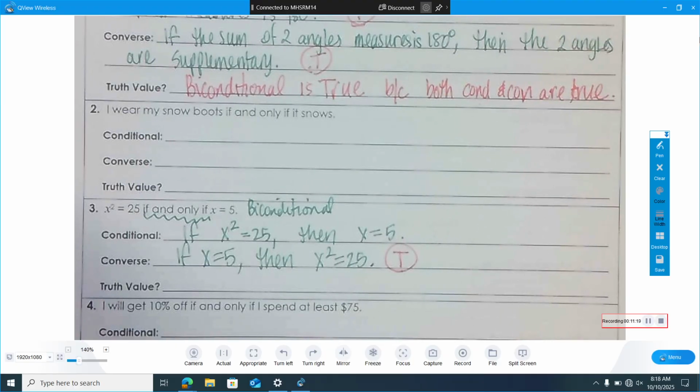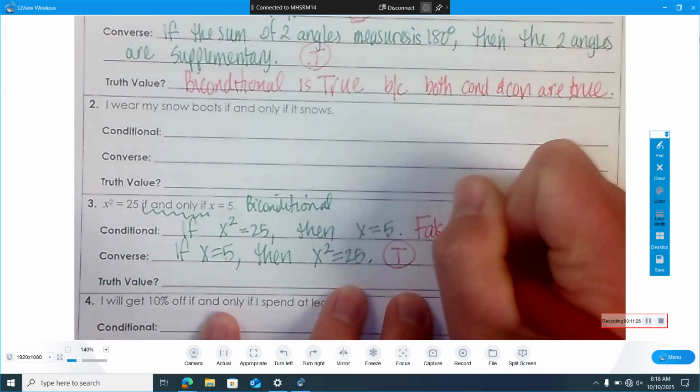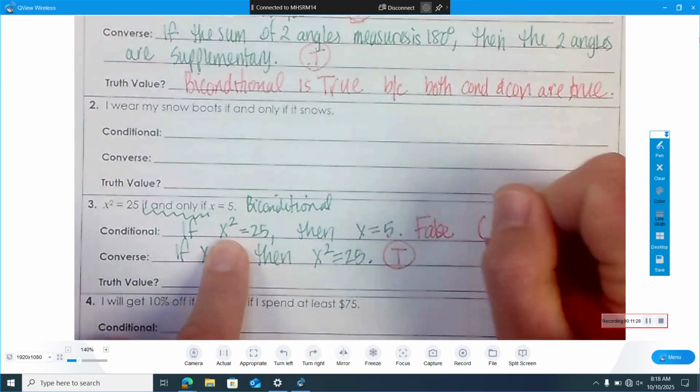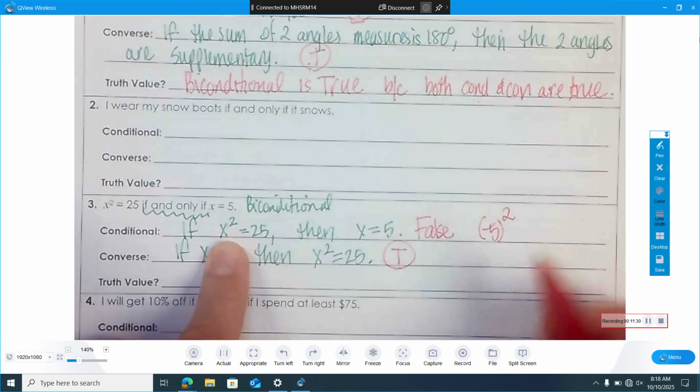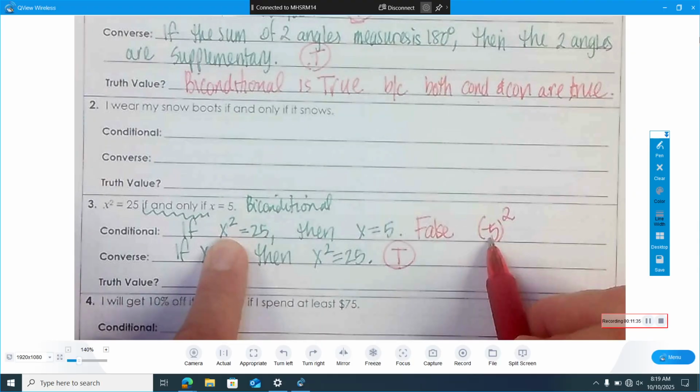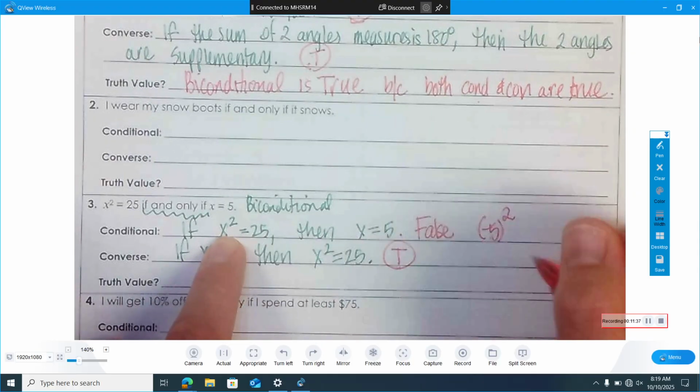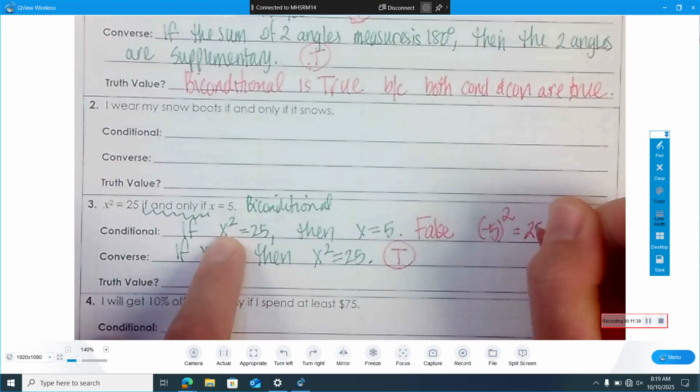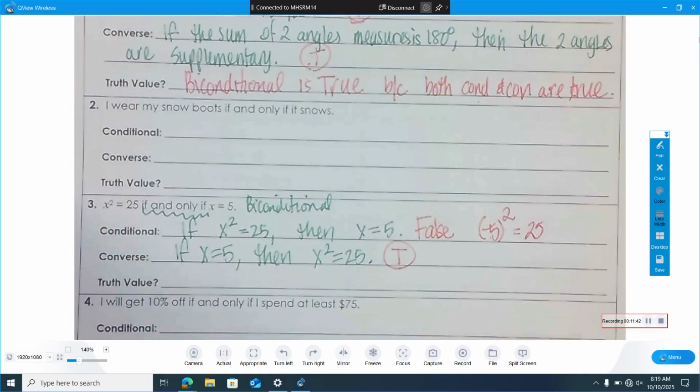Is that the only thing it could be? It can be a negative 5. This is false because negative 5 quantity squared means negative 5 times negative 5. Does that also give us 25? Yes, negative times negative equals positive.